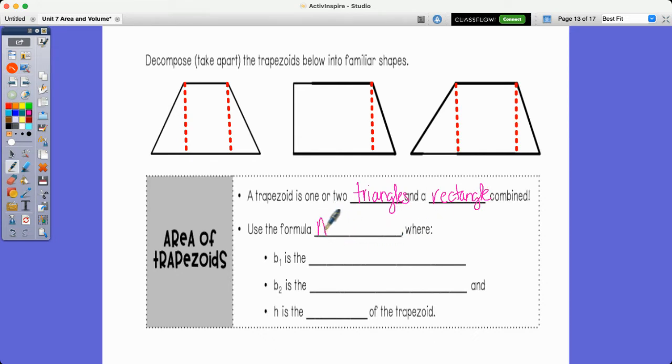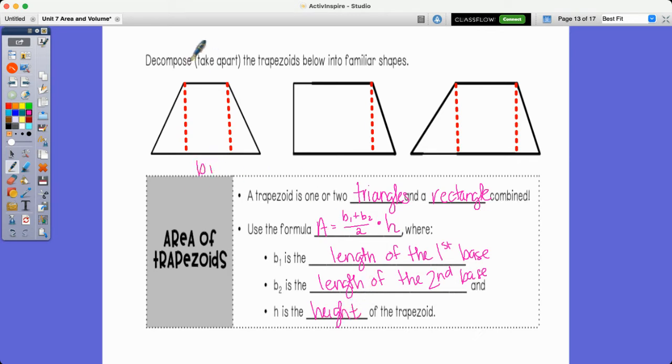Use the formula area equals base 1 plus base 2 divided by 2 times the height, where base 1 is the length of the first base, base 2 is the length of the second base, and h is the height of the trapezoid. So like this would be base 1, this is base 2, and this is my height.